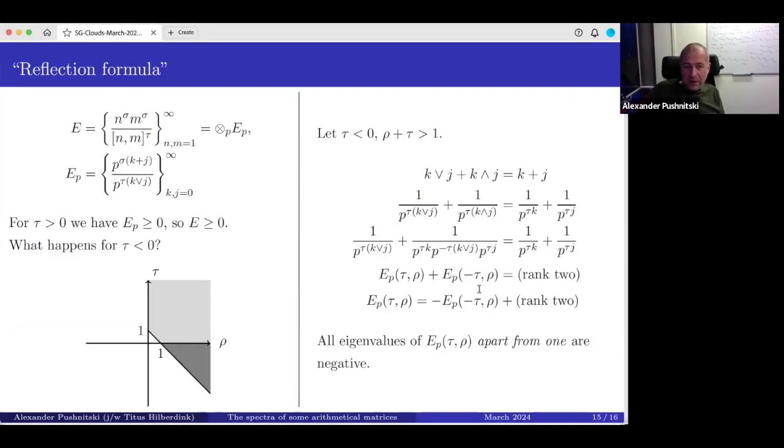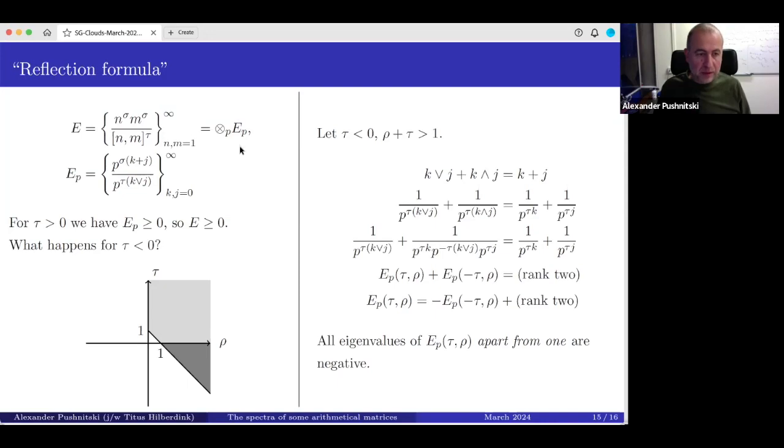One interesting thing that I wanted to mention in connection with this is that there is an interesting reflection formula that relates positive tau and negative tau. So once again, here is the formula for the full matrix, now with the sigmas. It's an infinite tensor product of these matrices, these EPs.